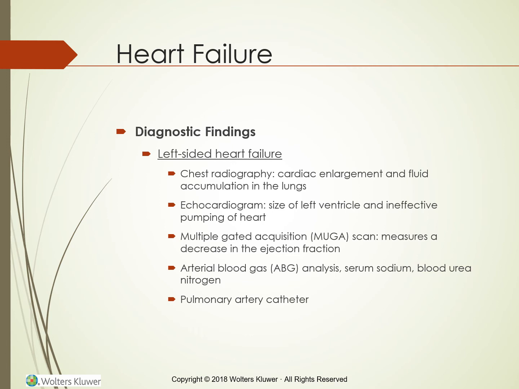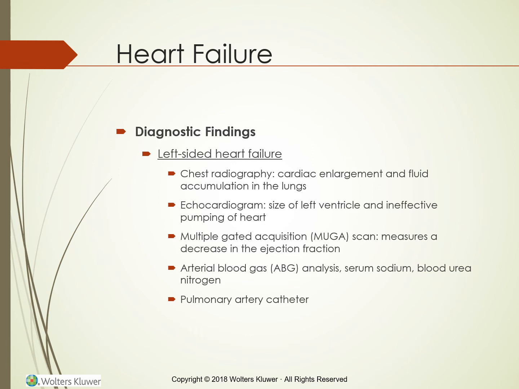At first, the arterial blood gas (ABG) analysis may reveal respiratory alkalosis as a result of rapid, shallow breathing. Later, there's a shift to metabolic acidosis as gas exchange becomes more impaired. Serum sodium levels may be elevated. Elevated blood urea nitrogen indicates impaired renal perfusion.